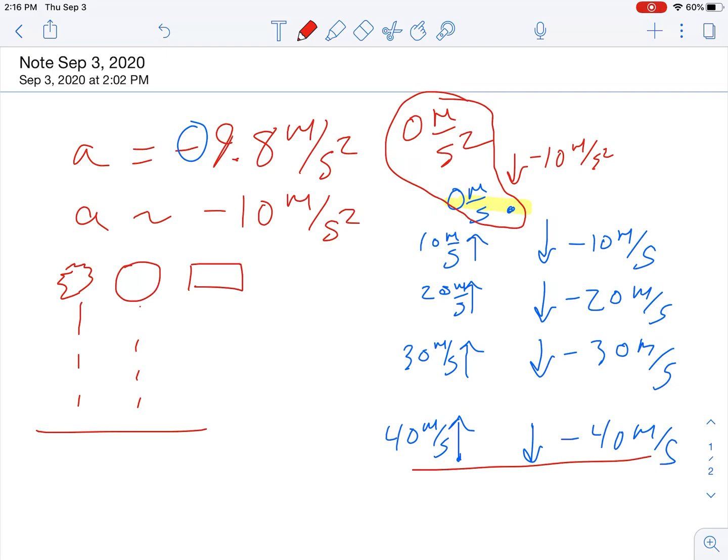But it is not, right? Acceleration at the apex is still negative 9.8, or we can round that to negative 10 meters per second squared. And that explains why when the object reaches the apex and a velocity of 0, that velocity is still going to change and it's going to start moving downwards.